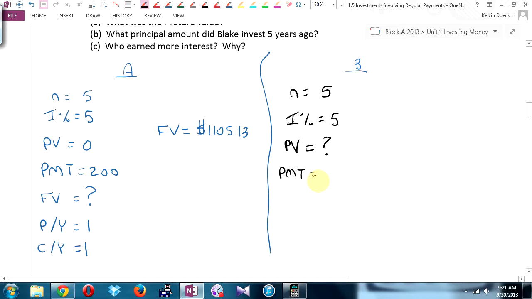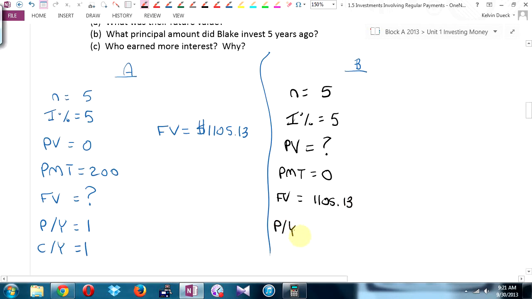Or is he? He's doing a one-time investment. But I do know his final value. It's going to be 1105.13. Mr. Dueck? Yeah, Roy. Do we have to put a negative in here or not? Honestly, I'm not sure. I'm going to leave the negative off, and if I get a glitchy answer, I'll quickly go fix it.